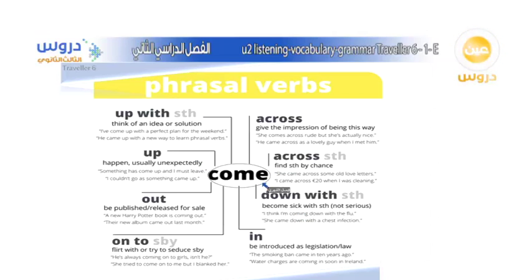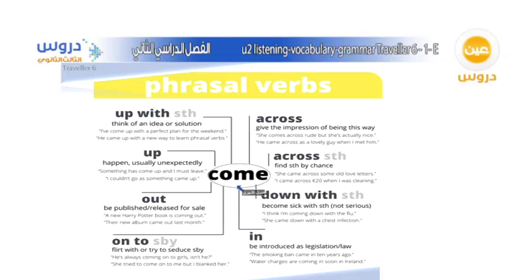And you can see here some sentences that have to do with the word, for example, come in. If you can read this: the smoking ban came in 10 years ago. Water charges are coming in soon in Ireland.